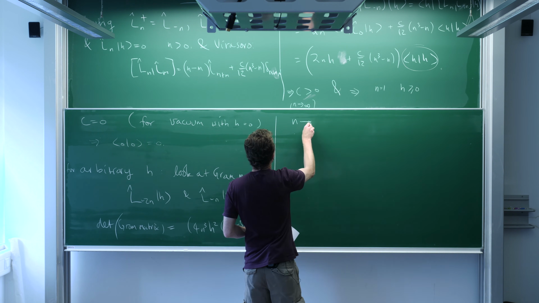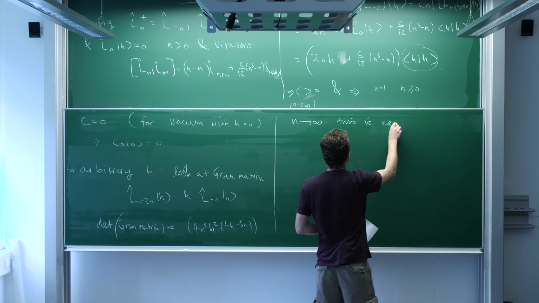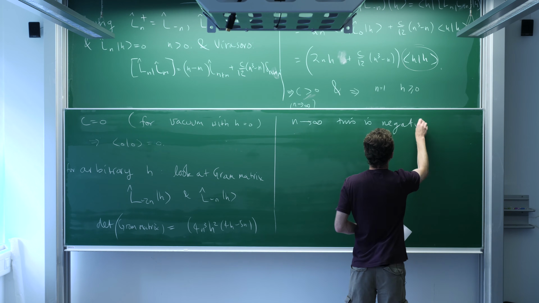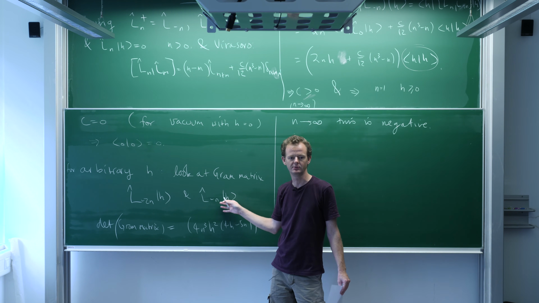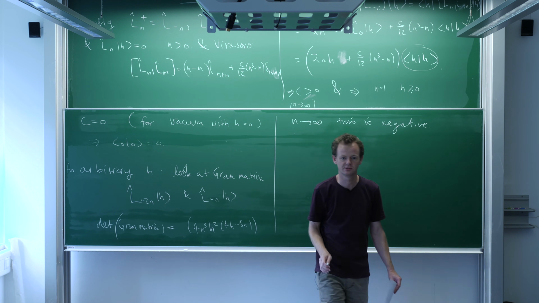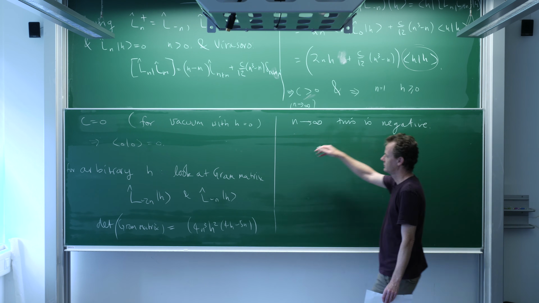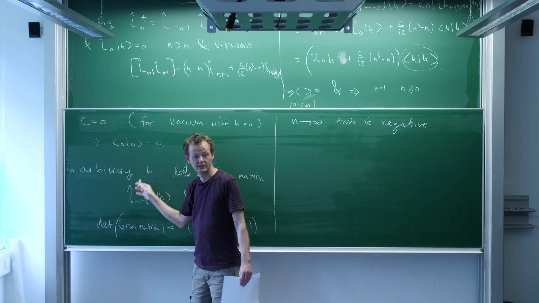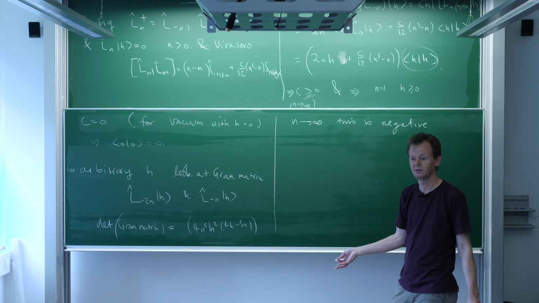It's a pretty non-obvious thing to do. In fact, it was so non-obvious, a 3-page paper was written on exactly this observation. So for n goes to infinity, this gram matrix, a 2x2 matrix, should be positive, right?